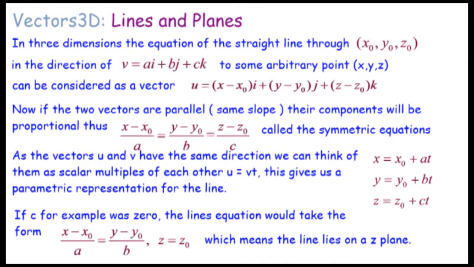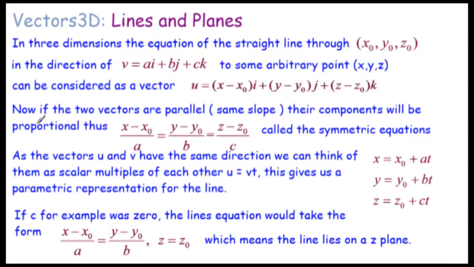Okay, in 3 dimensions, we're going to say that the line is parallel to this vector v, ai plus bj plus ck, and it starts from x0, y0, z0, and goes to some arbitrary point on the line, and we generate a free vector u again. These 2 vectors must be scalar multiples of each other, and not only that, their components must be proportional.